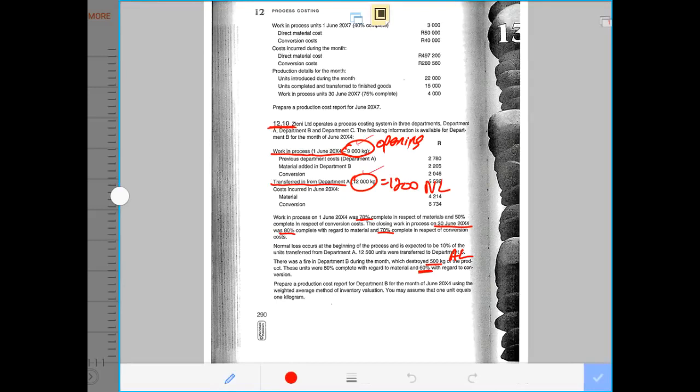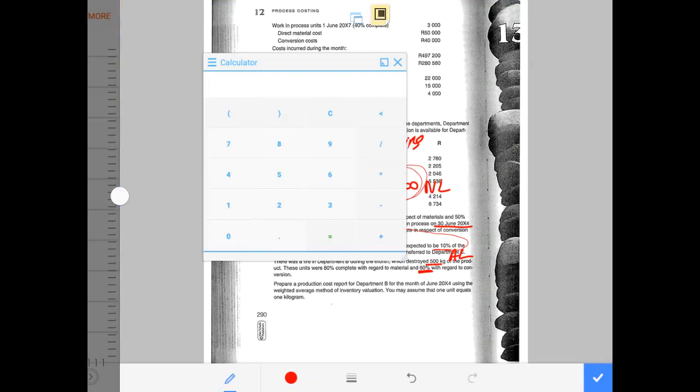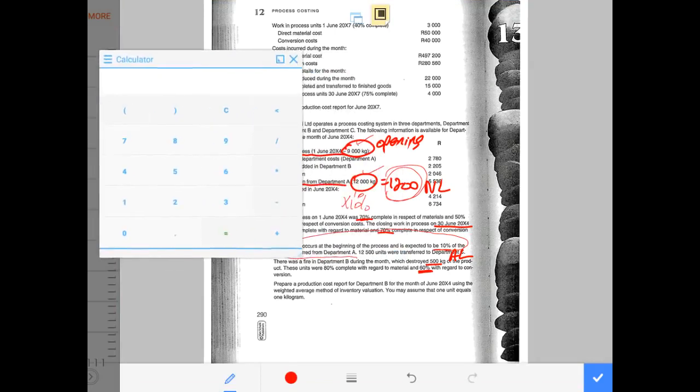So now we go to the units that are the normal loss. We know that the normal loss is 1,200. This has been calculated by us. We said 12 times by 10%, because we were told that normal loss here is 10% of the units that are transferred from Department A. So now we calculated 10% of 12,000, and if we do that in a calculator, it will be 12,000 times by 10 divided by 100.